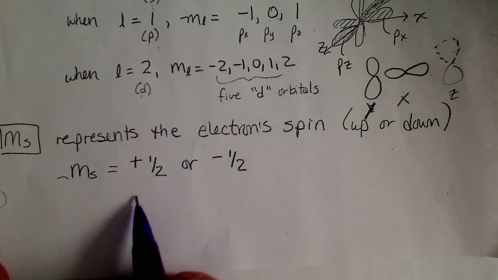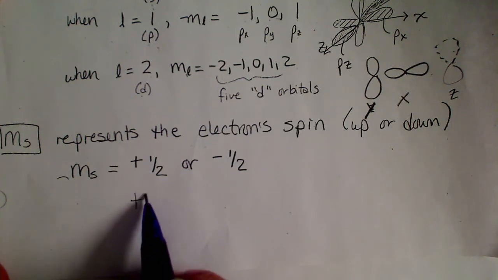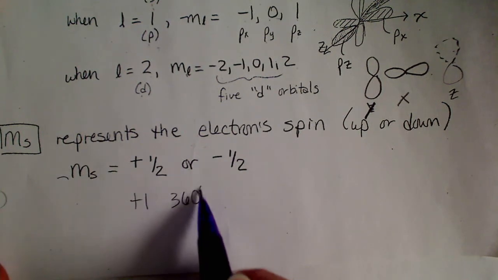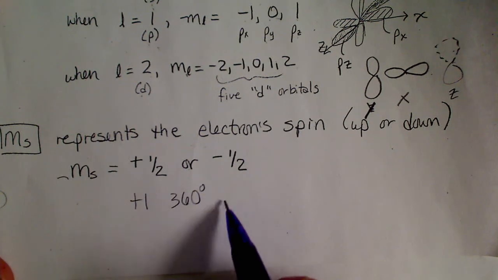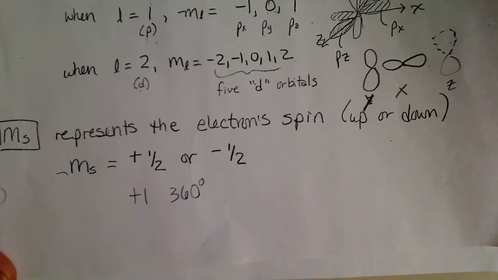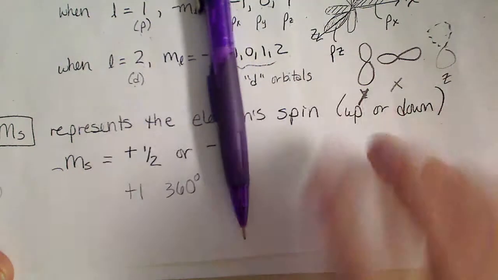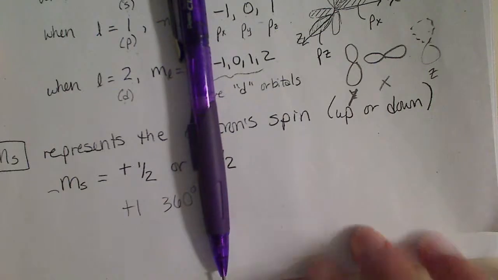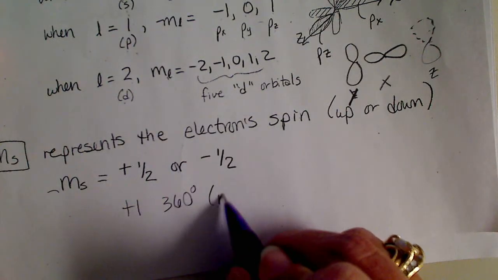So if a spin is +1, that means we go 360 degrees to get back to where we started. If I have this pencil in this position, if I want the pencil to return to its original position, I've got to turn it 360 degrees to get there. So that's normal.